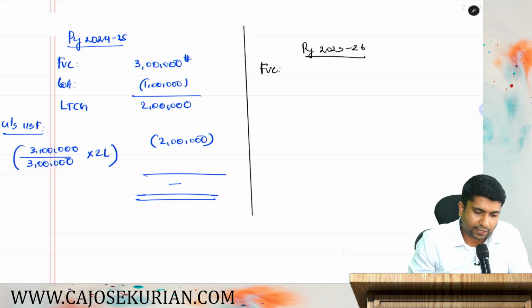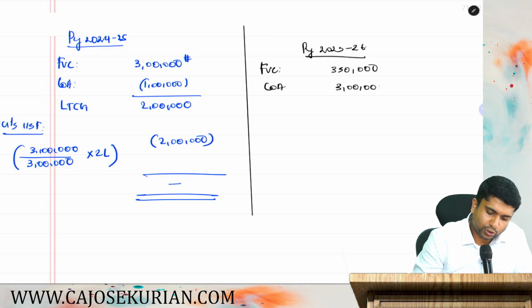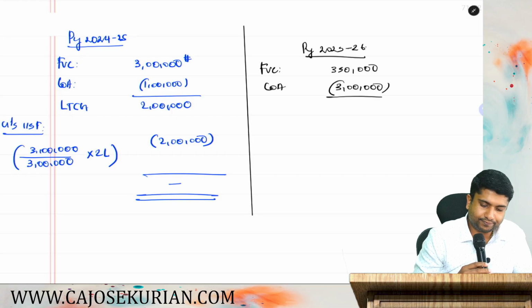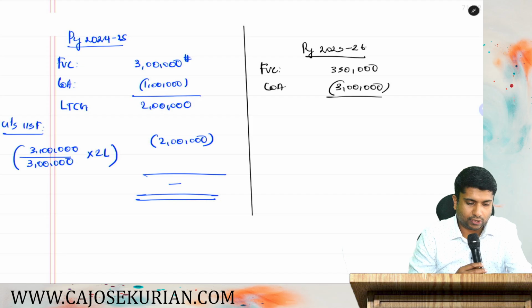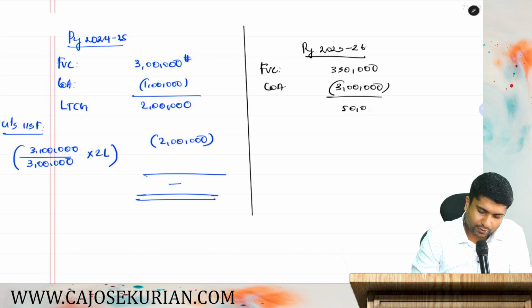That is a short-term capital gain. And what is the value of sale? 3,50,000. You can take cost of acquisition as 3 lakh. So short-term capital gain would be obviously 50,000. Your short-term capital gain as per that question will be 50,000. 50,000 STCG.